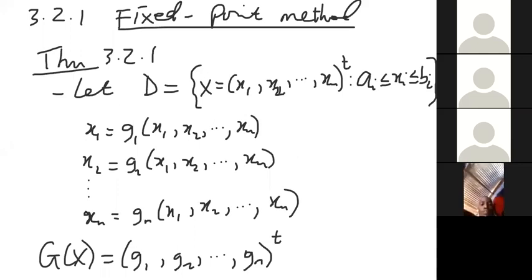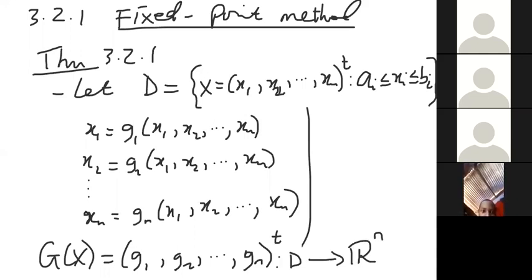So we'll define our G of x in that way. And then we will look at this as a function from D to Rn, where D is the collection of those constants ai and bi.